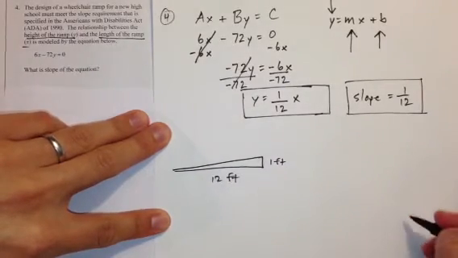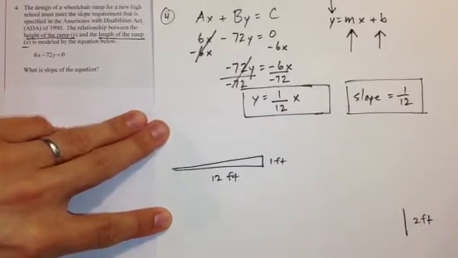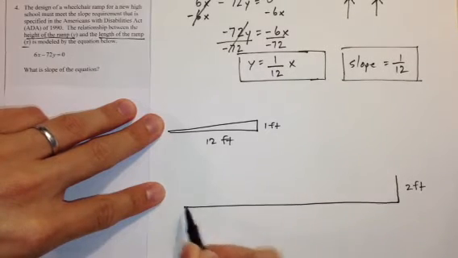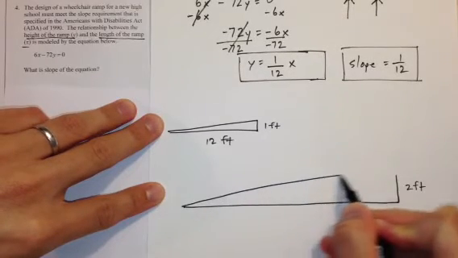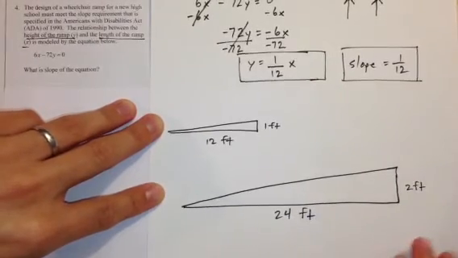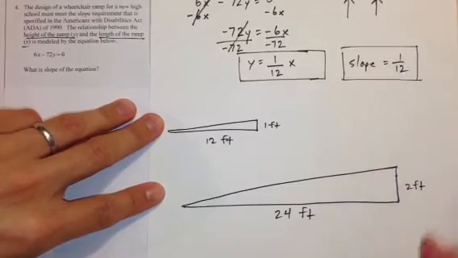If you want it to be 2 feet high, it has to be at least 24 feet long. Again, because the slope has to be at least 1 over 12.